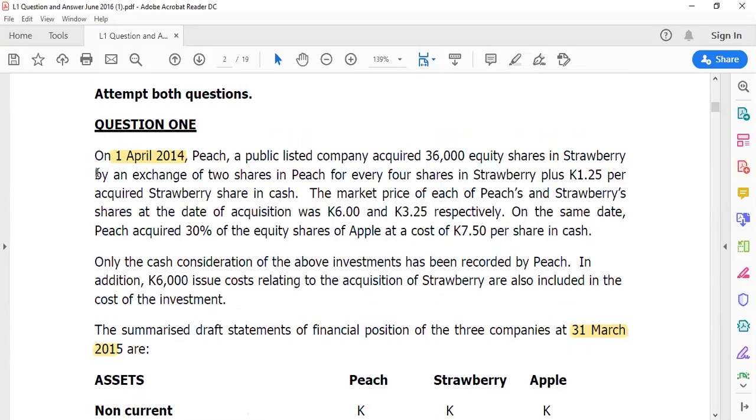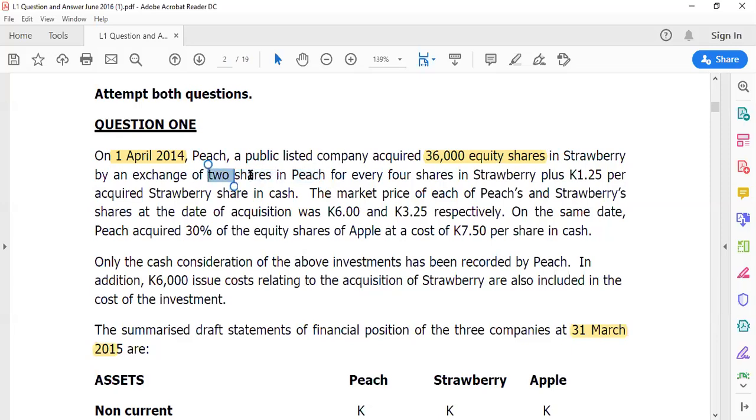So we've been told here that on the 1st of April 2014, P, a public listed company, acquired 36,000 equity shares in S, the strawberry, by an exchange of 2 shares in peach for every 4 shares in strawberry. Now, there is a share exchange here, Mr. Kafuti, so we are going to do a working. 2 shares for how many?